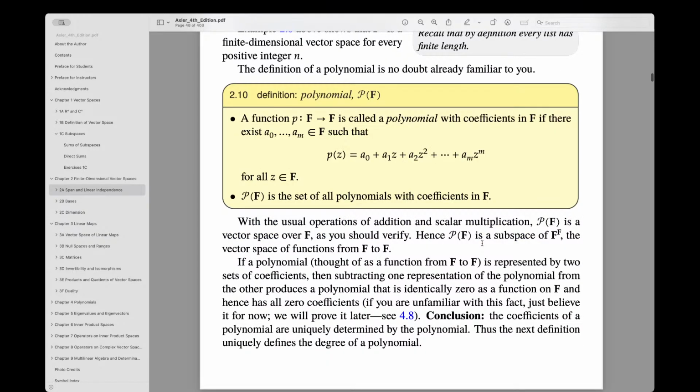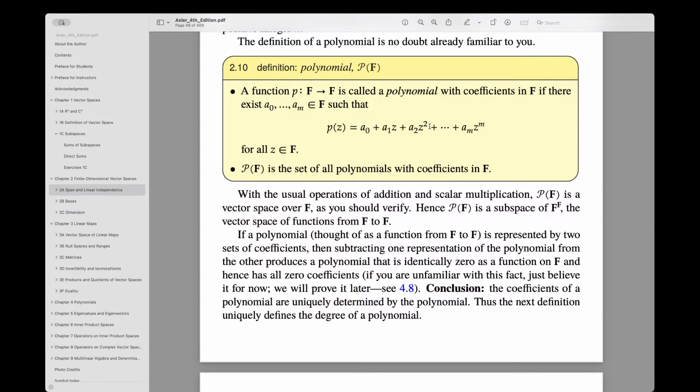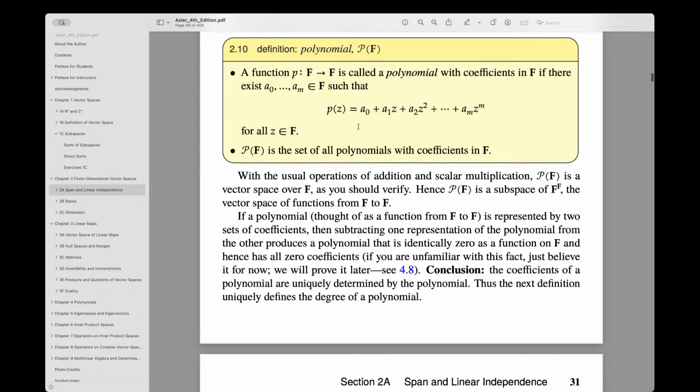If you think of a polynomial as basically just the coefficients, then 1 is a vector, z is a vector, z squared is a vector, and so on. If those are vectors, then the coefficients are the scalars. In fact, that means that polynomials are just linear combinations of 1, x, x squared, and so on.